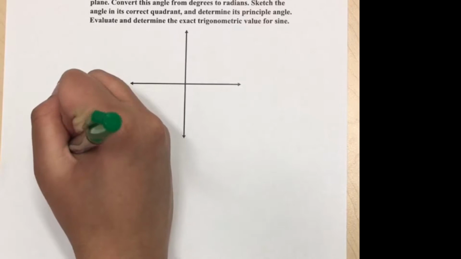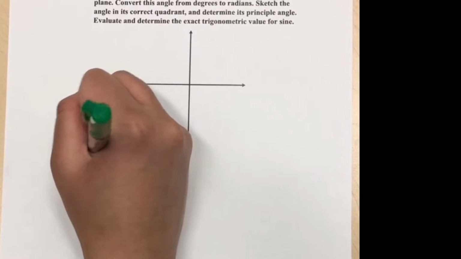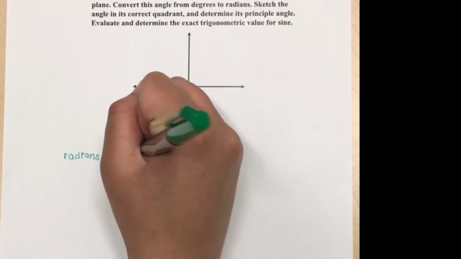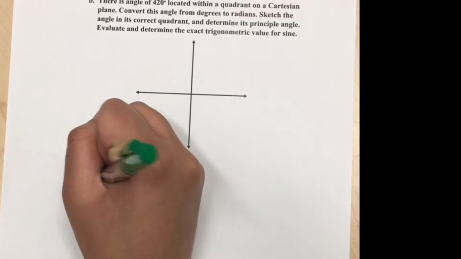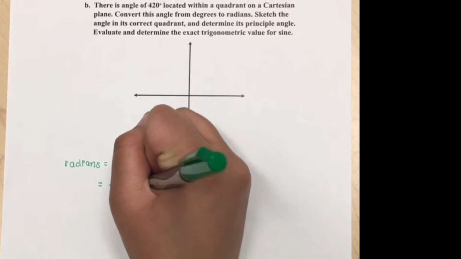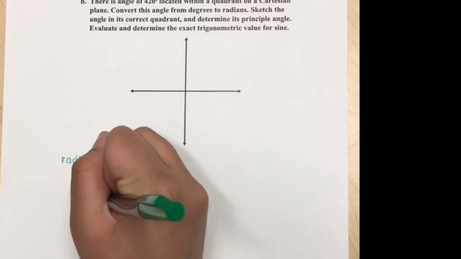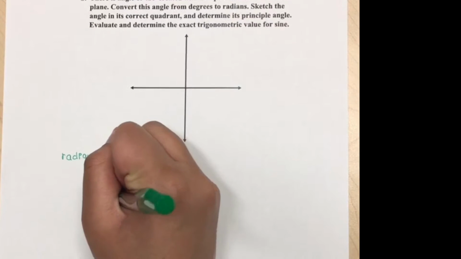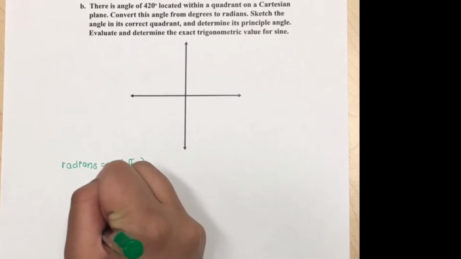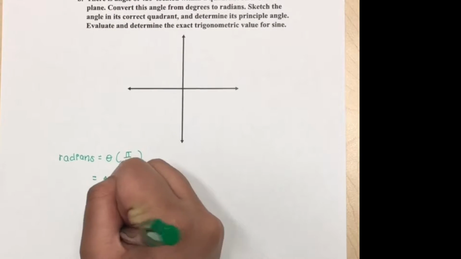Using the conversion formula, we can convert 420 degrees to radians by first substituting 420 degrees for theta, secondly, multiplying it into the fraction, and lastly, reducing it accordingly. 420 degrees should result in an answer of 7 pi over 3 radians.